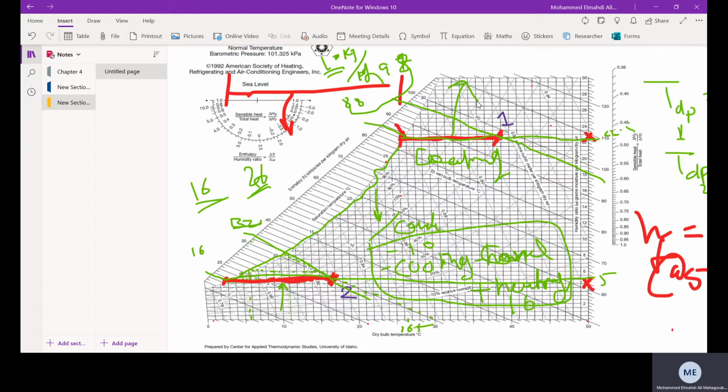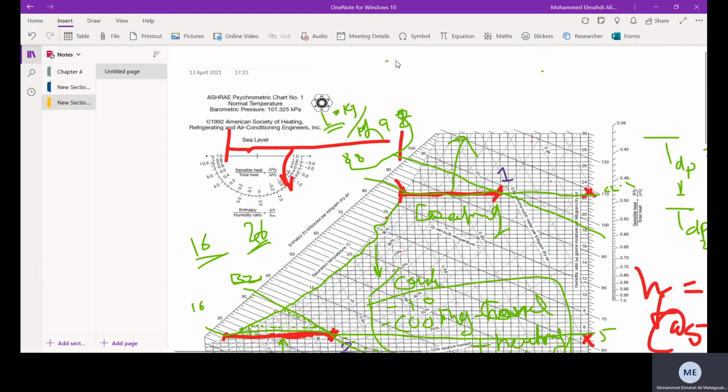Subtract them from each other. 22.5 minus 5 is going to be around 17.5.